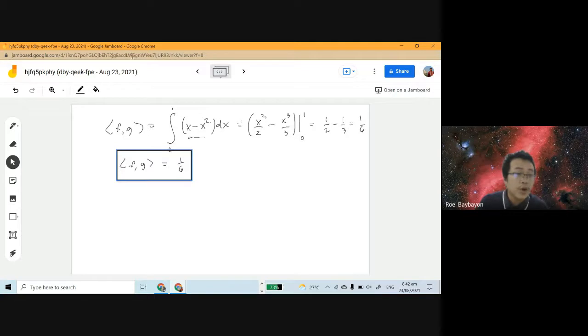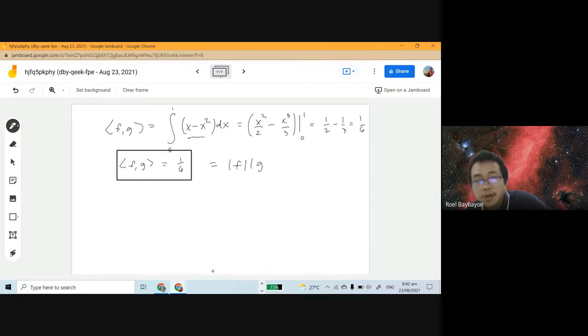But this must be equal to the magnitude of F times the magnitude of G times cosine of theta. So ang atong ipangita is kaning theta. But I don't know the magnitude of F or the magnitude of G. Pero makuha na ko siya using this.